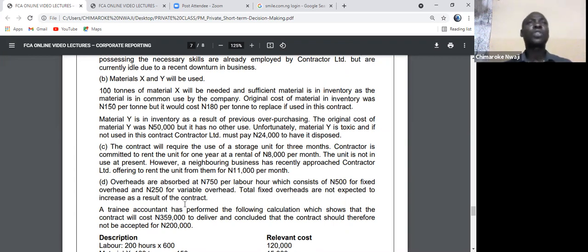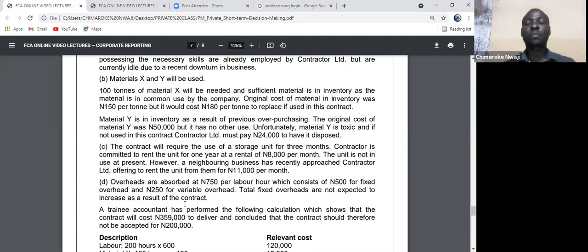You have already sorted out your fixed cost from your regular product. So the fixed cost element does not matter. It's irrelevant cost. So the 500 naira for fixed cost is not relevant. But the relevant cost here is the variable cost because it varies according to the number of units.